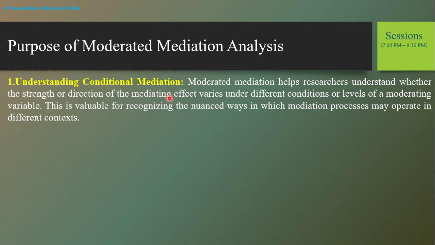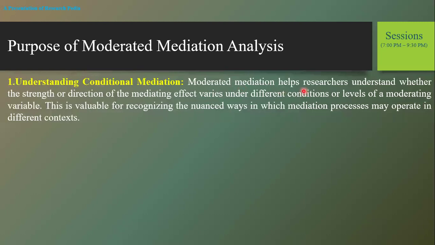The first is moderation, the second is mediation, and the third is the conditional process. Whenever you have moderated mediation or mediated moderation, you need to apply the conditional process, which is the integration of mediation and moderation. So you need to understand how the conditional process works.